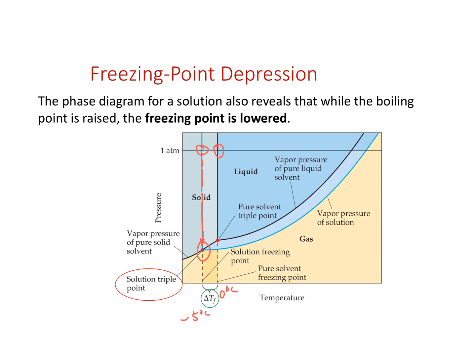This example of freezing point depression, we use this in the winter, especially in Syracuse. This is why we salt our roads, we salt our sidewalks, because by adding that salt to the surface of the road or the sidewalk, at 0 degrees Celsius, we no longer form ice.